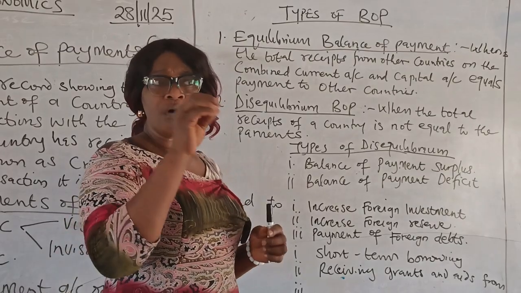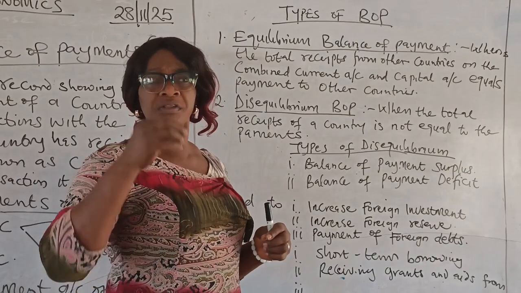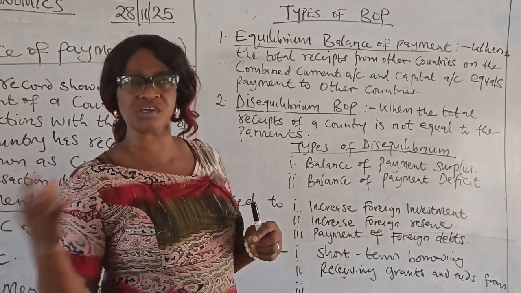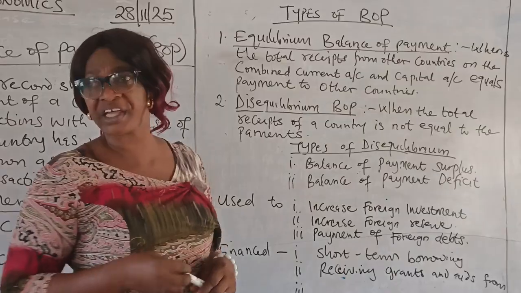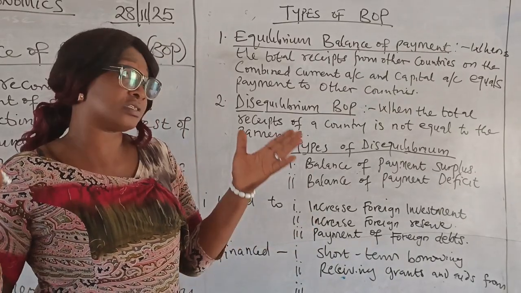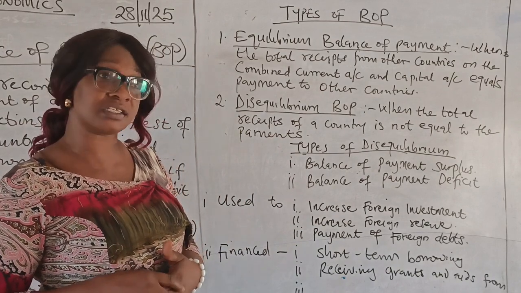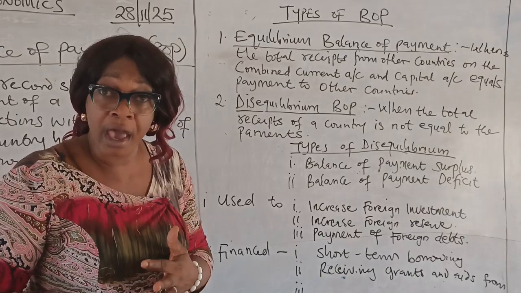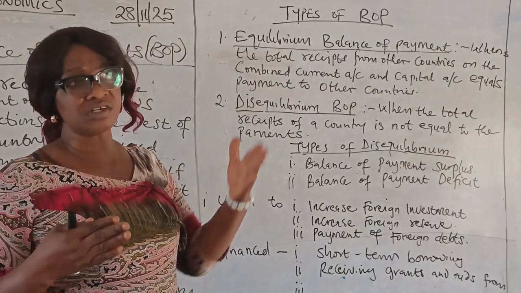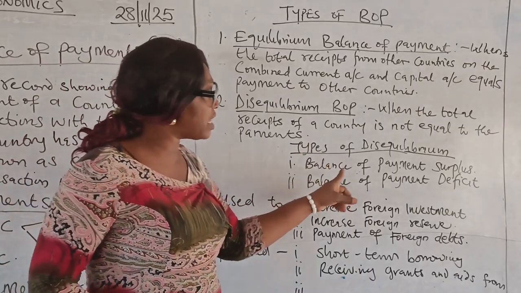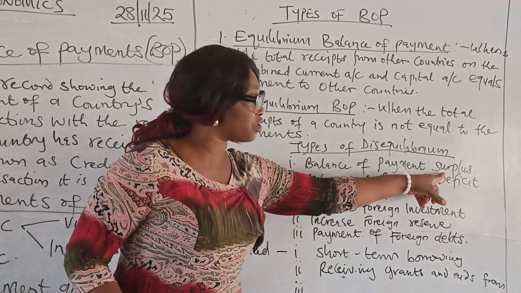When we have more money in our account, the federal government will be investing even outside, just like how South Africa invested in Nigeria. Like this GoTV is from South Africa. Yes, even DSTV, MTN is from South Africa. So South Africa invested in Nigeria, perhaps because of balance of payment surplus.